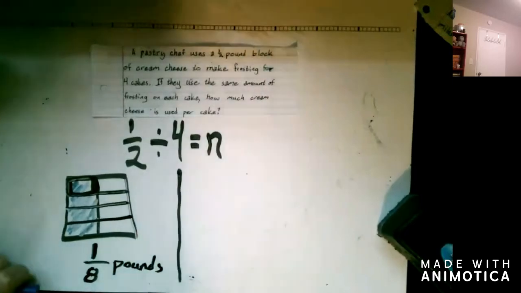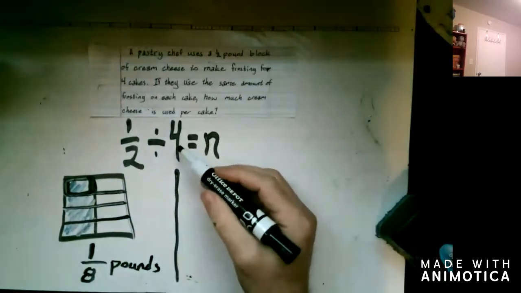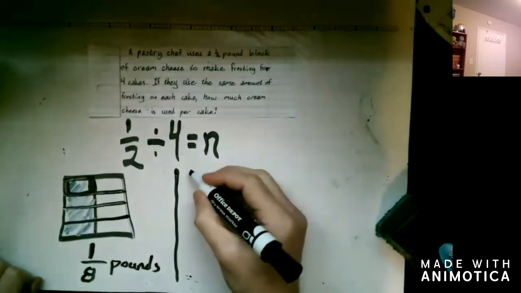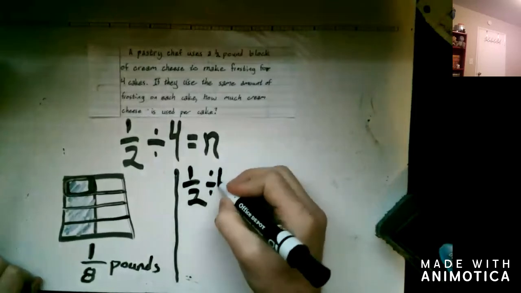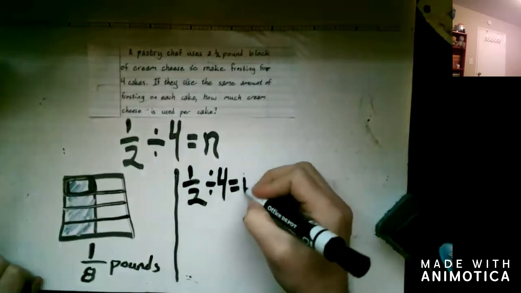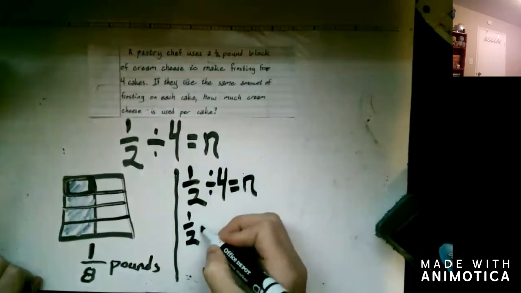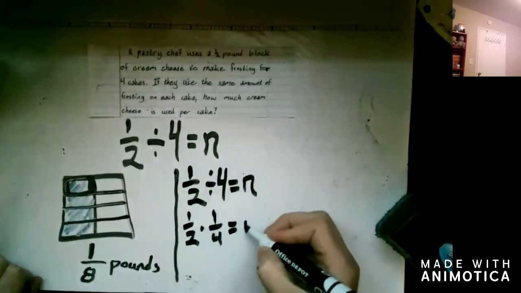of cream cheese. The other way we could do it is remembering that if you're splitting something into 4 pieces, you're dividing it by 4, or you are multiplying it by 1/4. So we could start with 1/2 divided by 4 equals n, but shift it to 1/2 times 1/4 equals n.